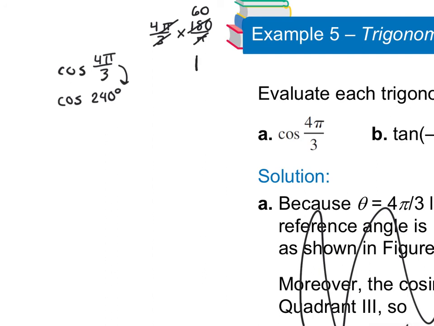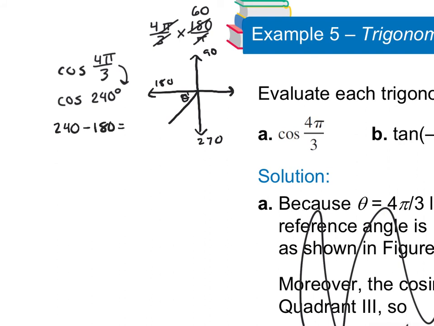Now we want to find which quadrant this falls into. So this is 90, this is 180, this is 270, so it's going to be somewhere in here. So to find our reference angle theta in the third quadrant, we take the angle that's given, 240 minus 180.